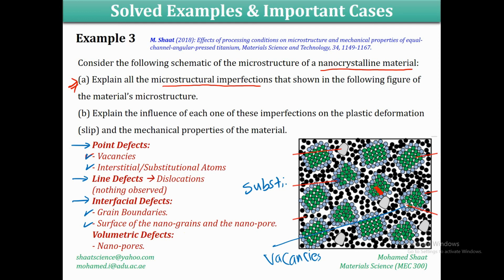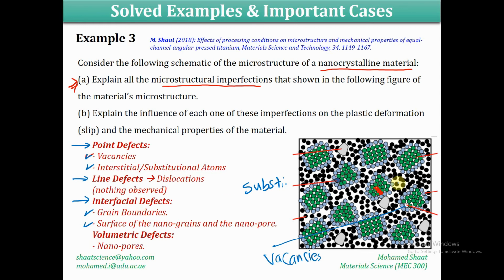This is another form of defect, and we have explained it in chapter 4: the interfacial defect that comes from the external surface, whether of the material or of a crystal or a grain.